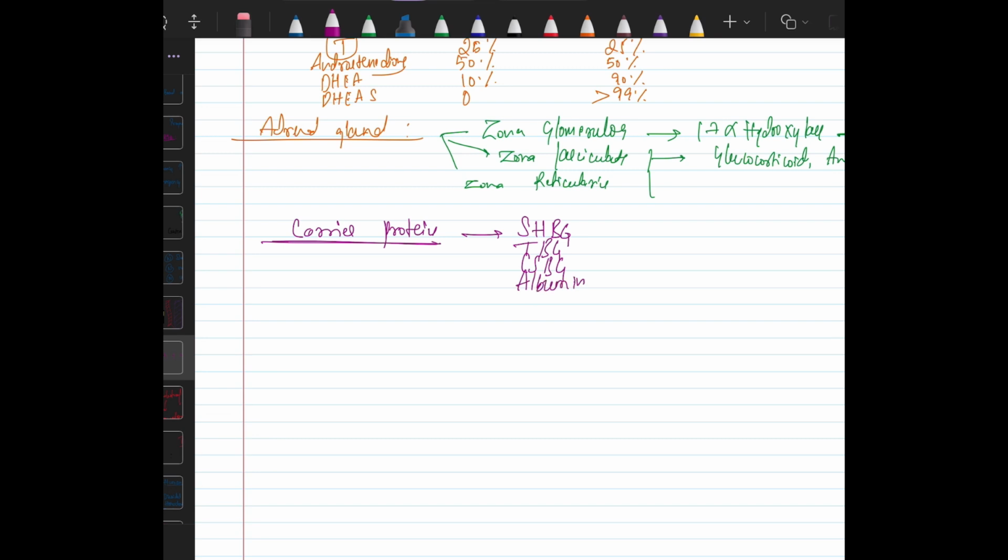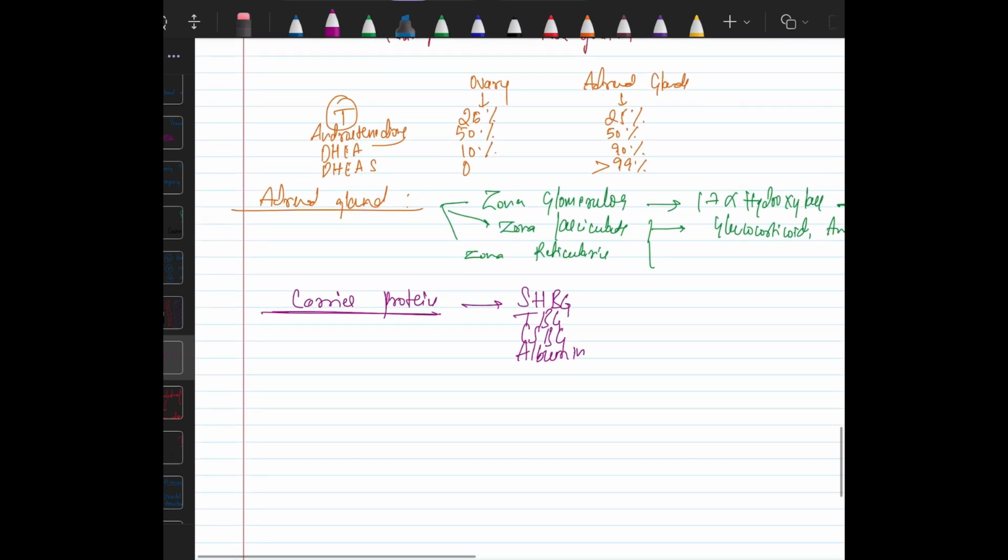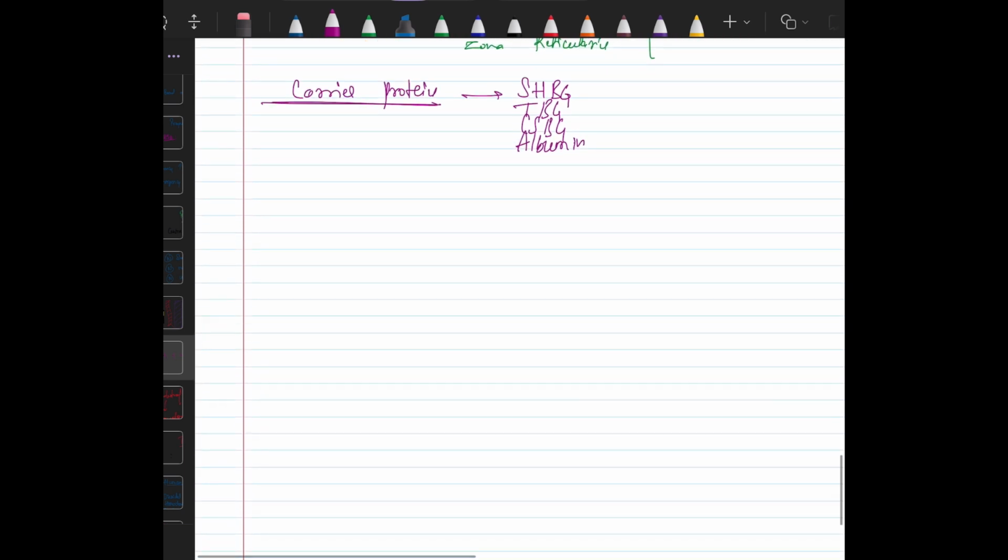So whenever there is variation of these globulins or proteins, there is variation in the circulating steroid levels. Okay, so small changes in your sex hormone binding globulins lead to various changes in the circulating steroid hormones and their effects.